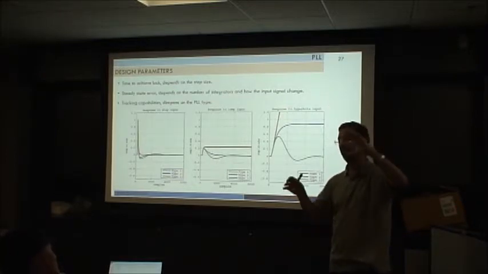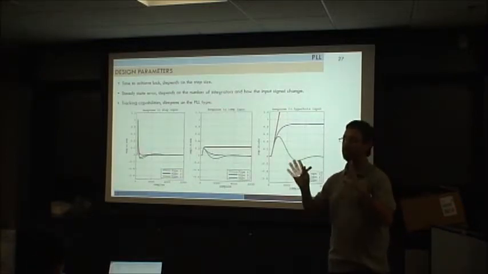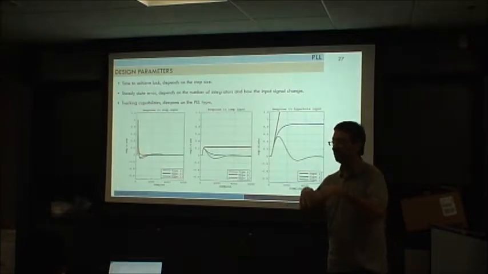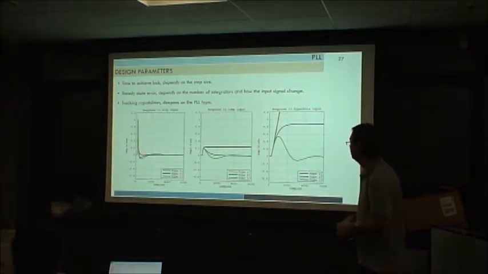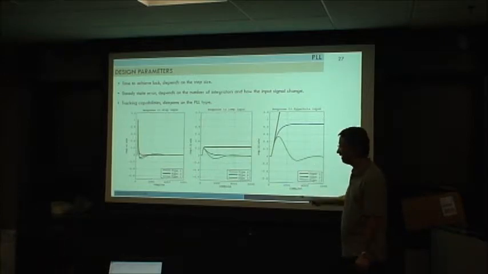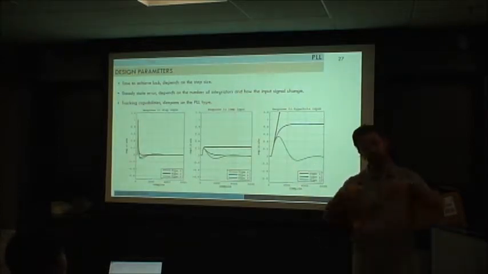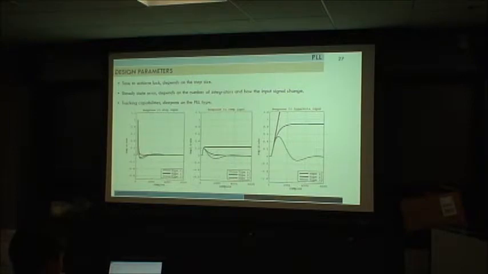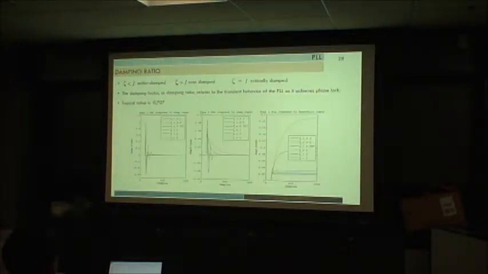That creates phase changes that look like hyperbolic changes. The only one that could follow that kind of variation is the type 3 PLL. So if you have to play with this sometime, remember that type 2 is not going to work there.